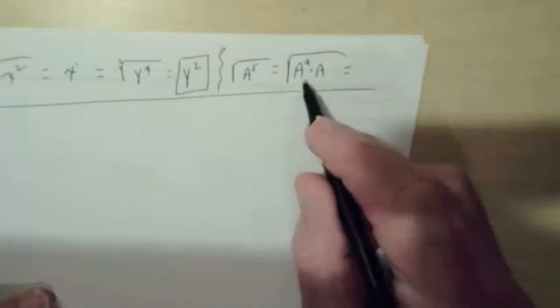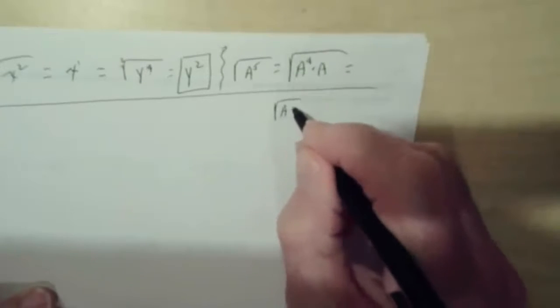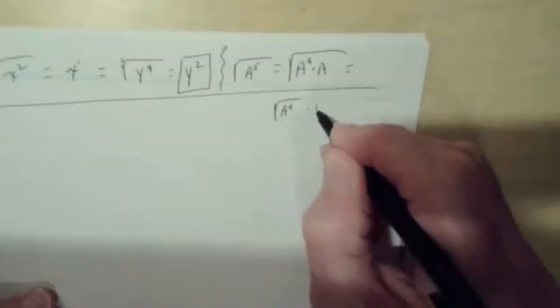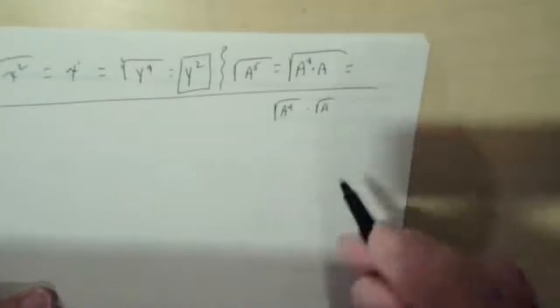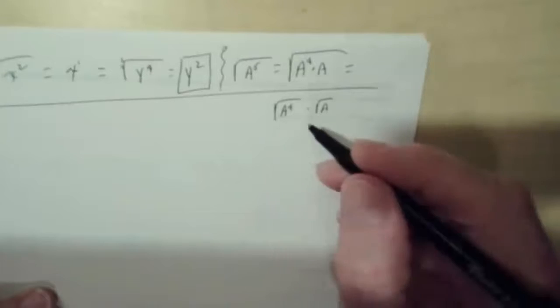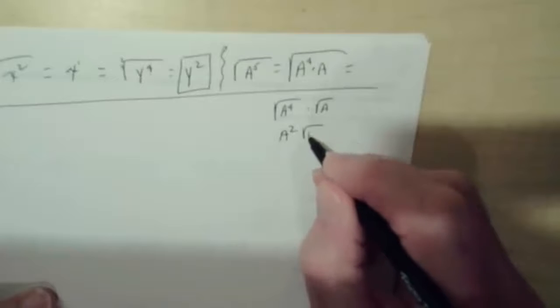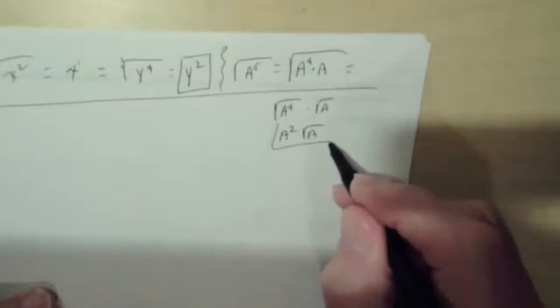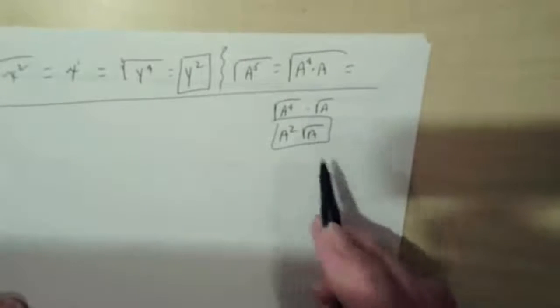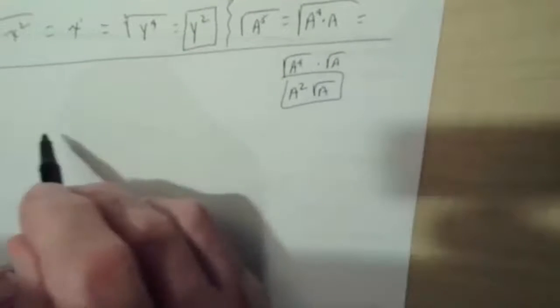We can rewrite this as square root a to the 4th times the square root of a. We can break them up. The square root of a to the 4th is a squared. Square root of a is just the square root of a. So factor the 5, and then take the square root of it.